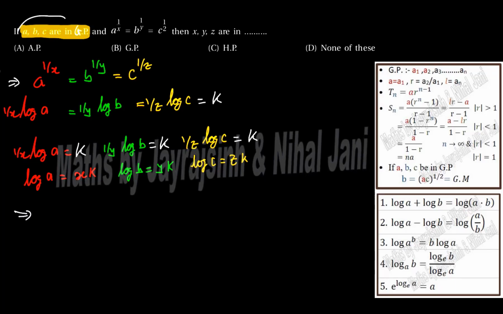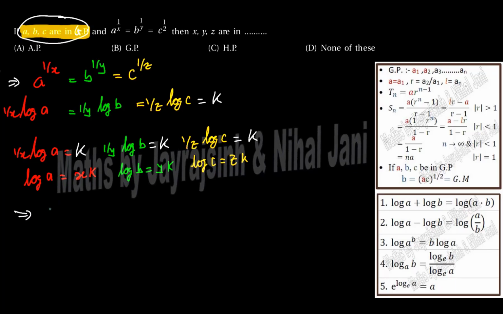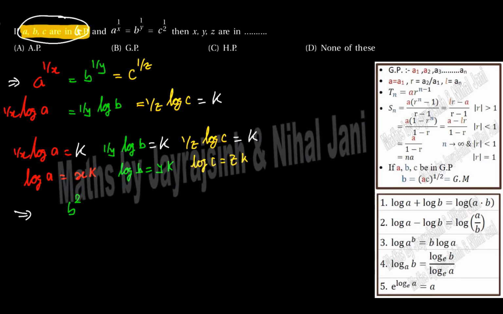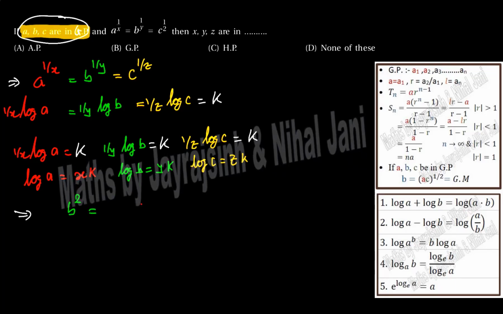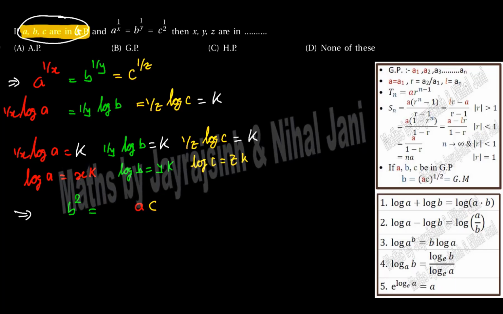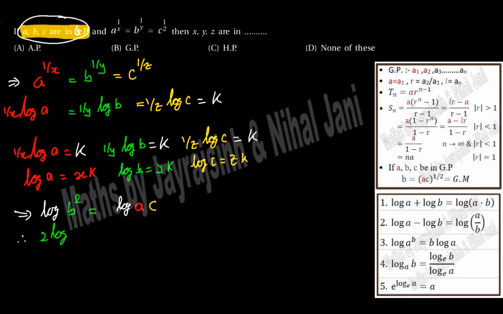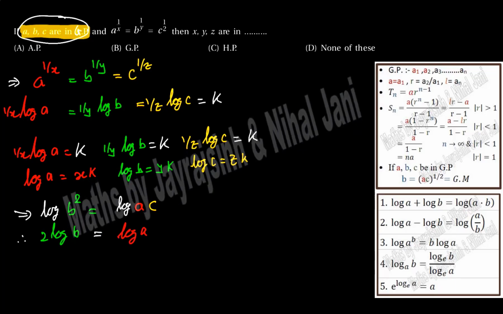Now, let's use the given condition where a, b, c are in GP. So we can say b square must be equal to a into c. So if we take log on both sides, we will get 2 times log b is equal to log a plus log c.